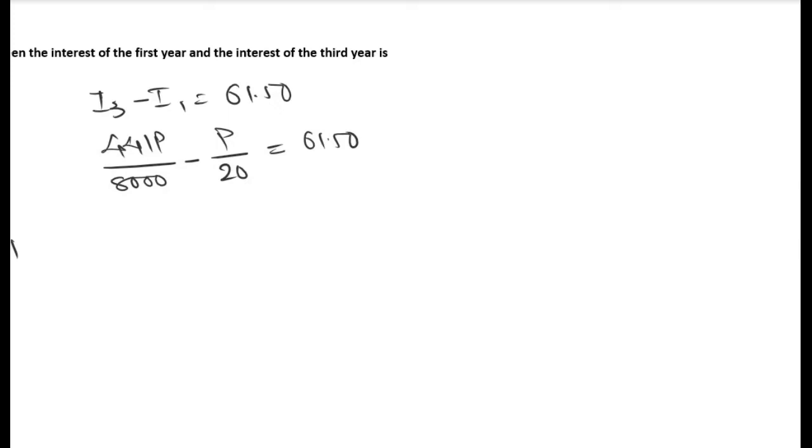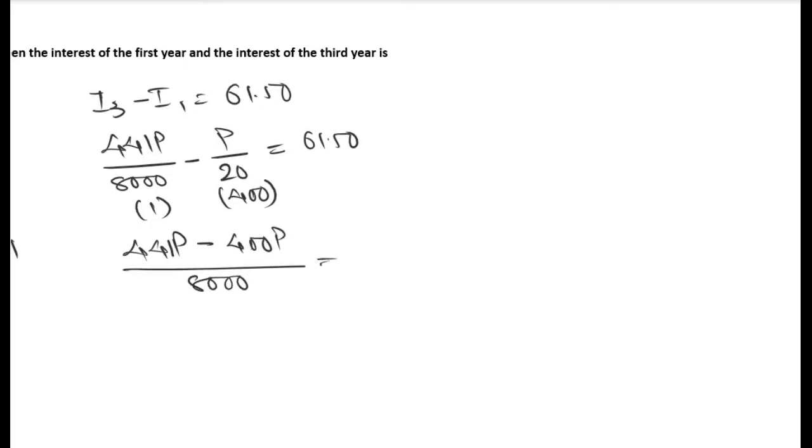So the LCM of 8000 and 20 is 8000, and it will be 441p minus 400p upon 8000 is equal to 61.50. 441 minus 400 is 41p is equal to 61.50 into 8000.